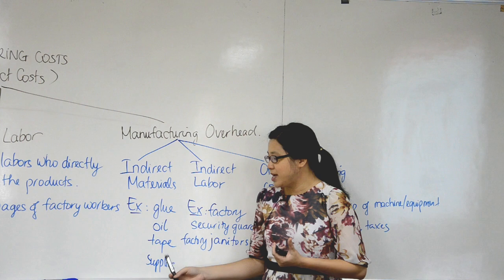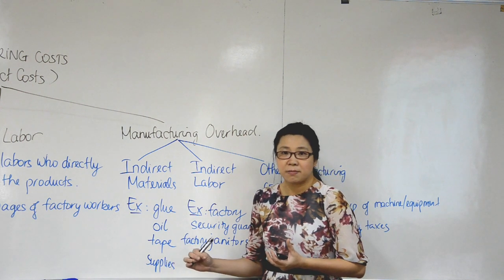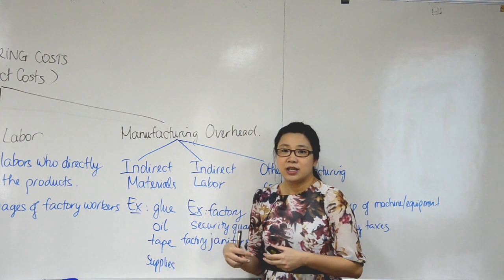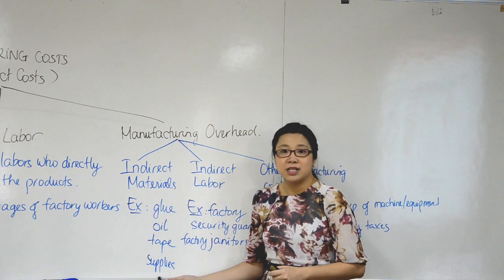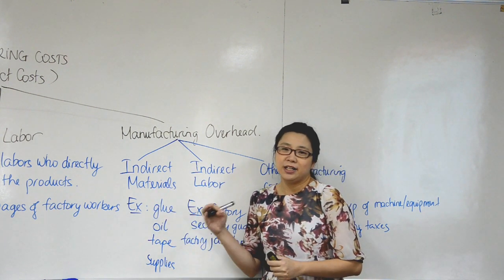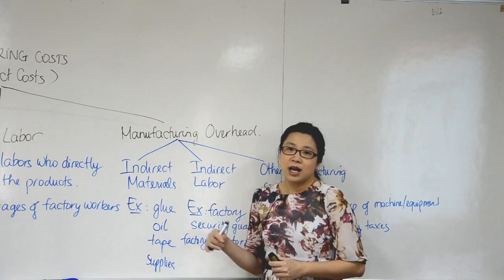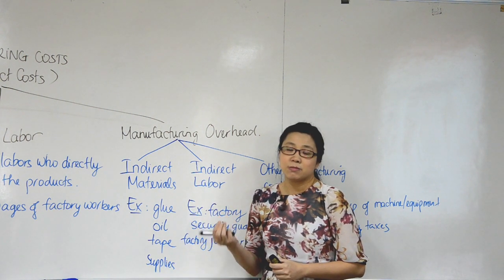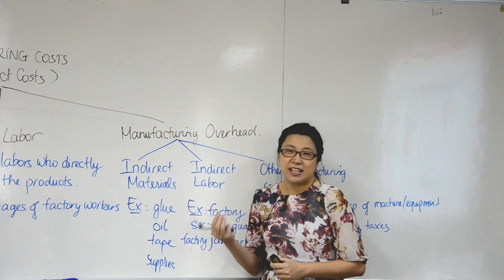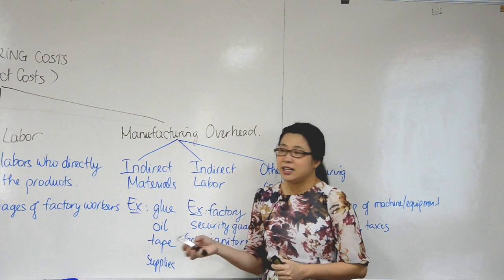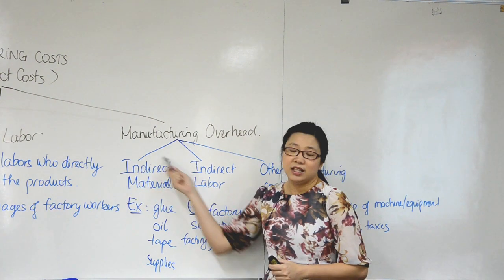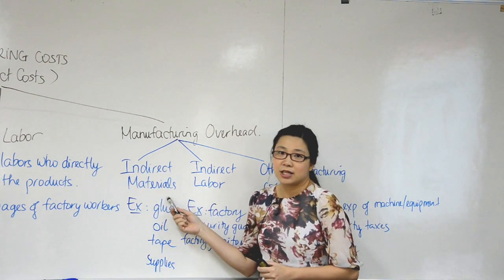The cost of tapes or other small supplies we use in producing the products, we call it indirect materials. Normally these costs are very small. It is not significant, and sometimes it cannot be seen. So it will be indirect materials.